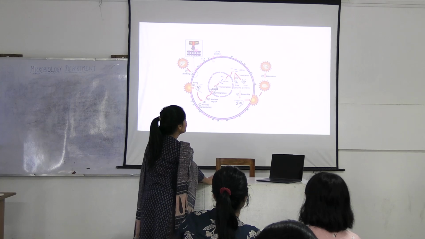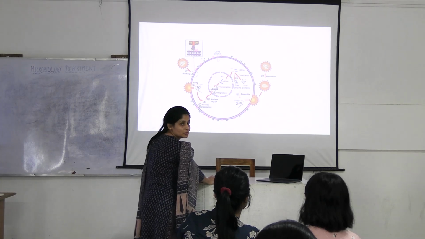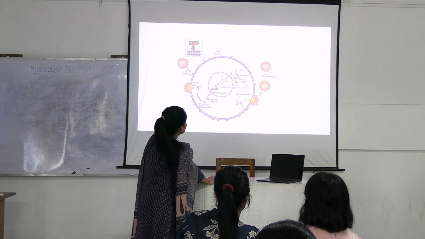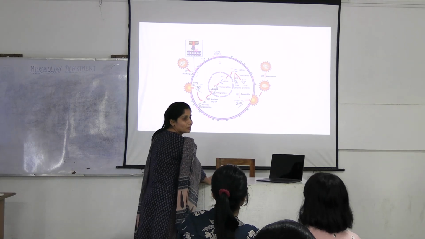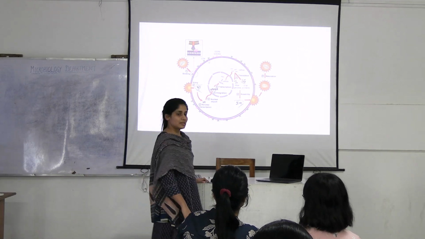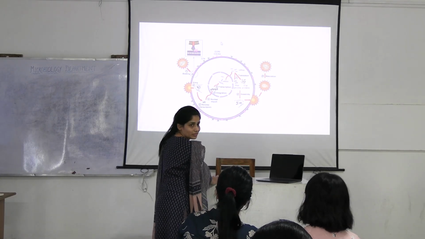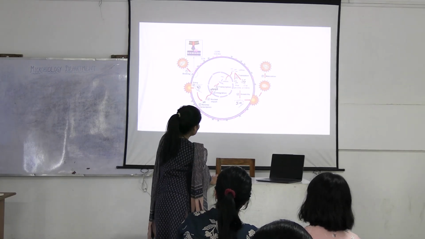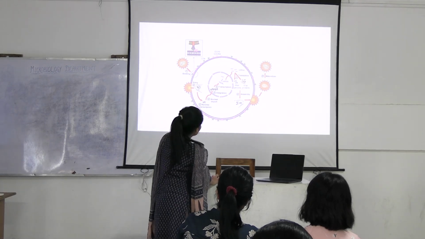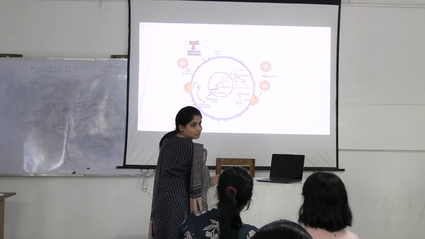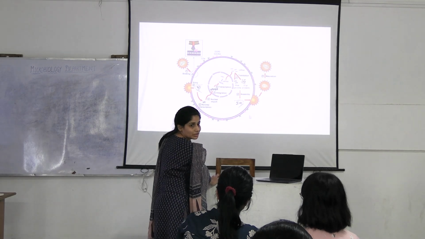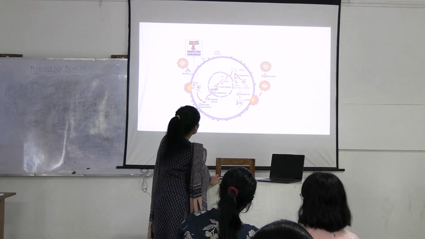GP41 will also help with co-attachment to CXCR4, which is commonly present on T lymphocytes, and CCR5, which is commonly present on macrophages. Okay. These help in the attachment and fusion and facilitate the entry of the strands into the T lymphocyte. Okay. The whole cell will not get inside, only the strands.